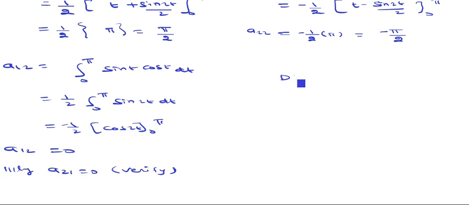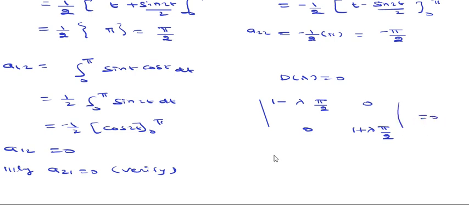Okay, so we can verify. Now the determinant D of lambda equal to 0. This is (1 minus lambda into a11), where a11 is pi by 2, then 0, 0, and this one is (1 minus lambda into a22), where a22 is minus pi by 2. So we get plus pi by 2 equal to 0. Solving: (1 minus lambda pi by 2) into (1 plus lambda pi by 2) equal to 0.